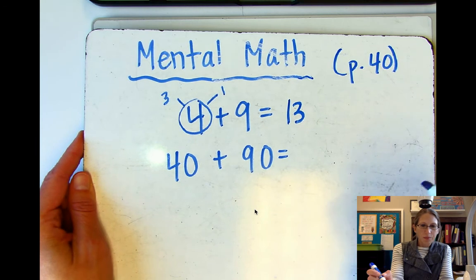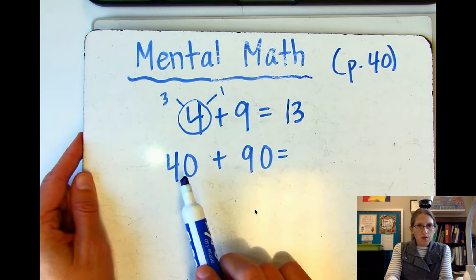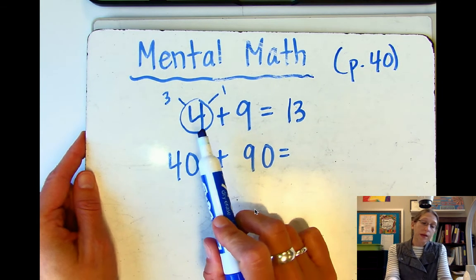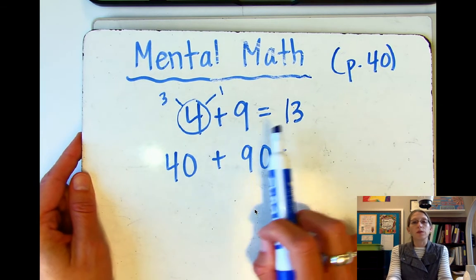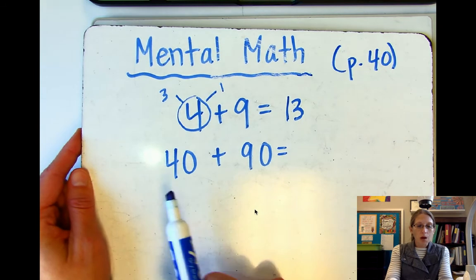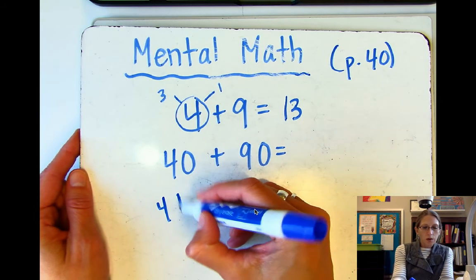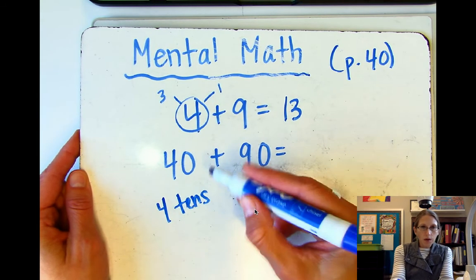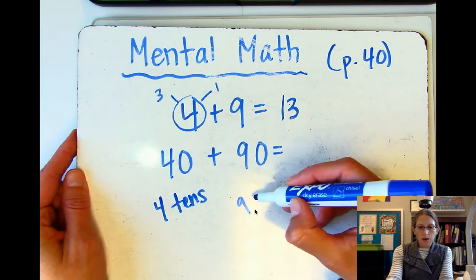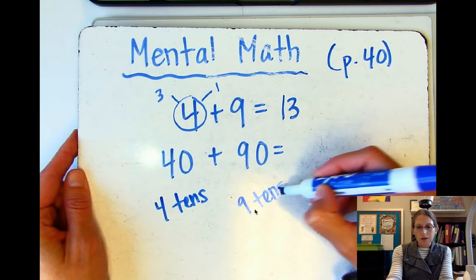Okay. And then if we know 4 ones plus 9 ones equals 13 ones, then this we can just think about as 4 tens. 40 is the same as 4 tens. 90 is the same as 9 tens.